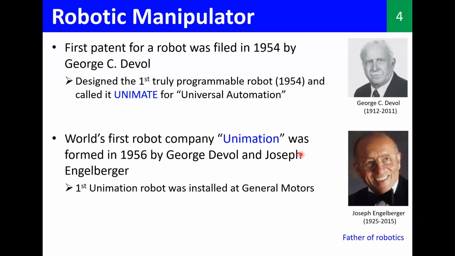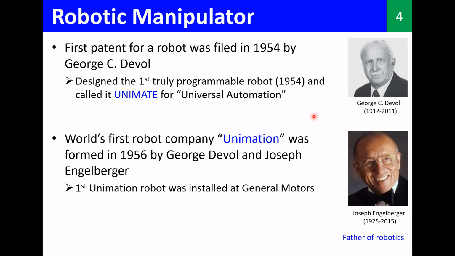So what is a robotic manipulator? Now, if you can remember, in the last lecture, we mentioned that George Devol filed the first patent for a robot in 1954. So this robot called Unimate was a robotic manipulator, right?